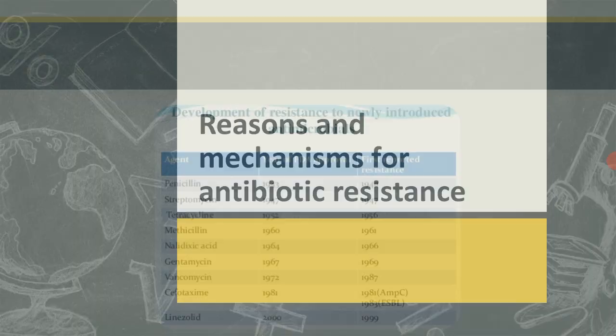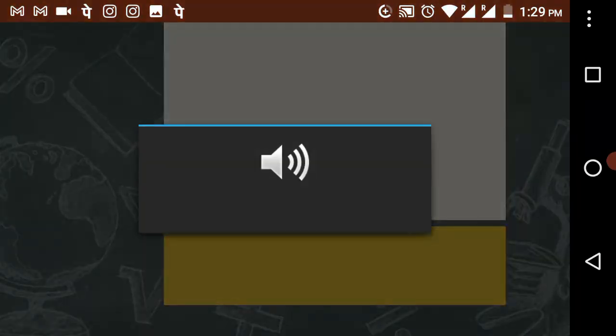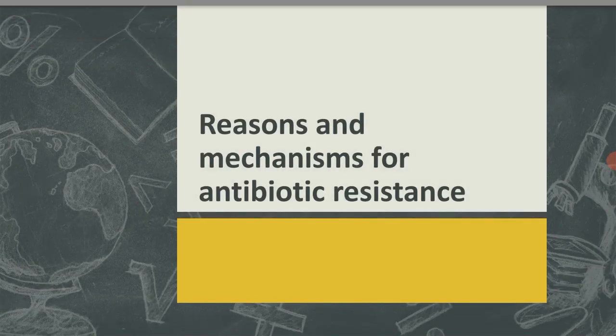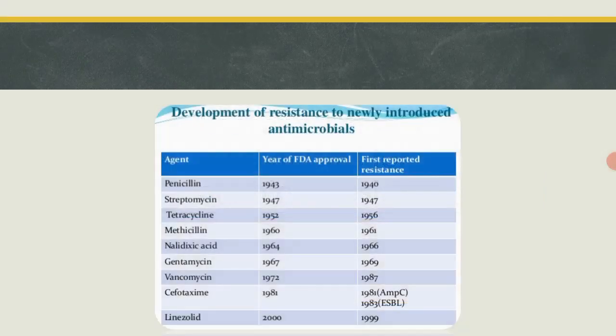Okay, so now we will see the reasons and the mechanism for antibiotic resistance in the next lecture. In this lecture we have studied antibiotic resistance. What is antibiotic resistance?